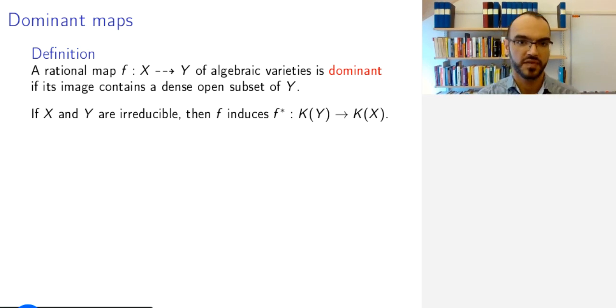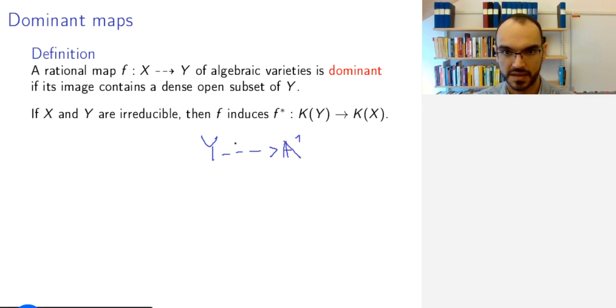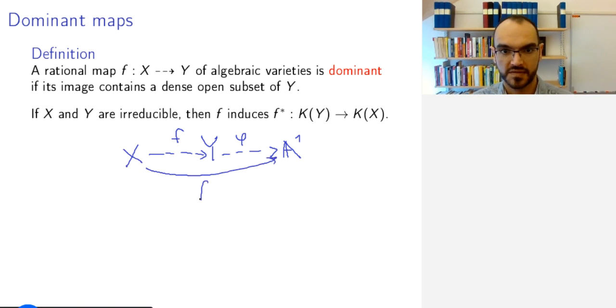And so if X and Y are irreducible, then F is going to induce a pullback from the field of rational functions on Y to the field of rational functions on X. Simply, if you have Y to, say, A1 given by phi, then you compose it with F, and this gives you F star phi.